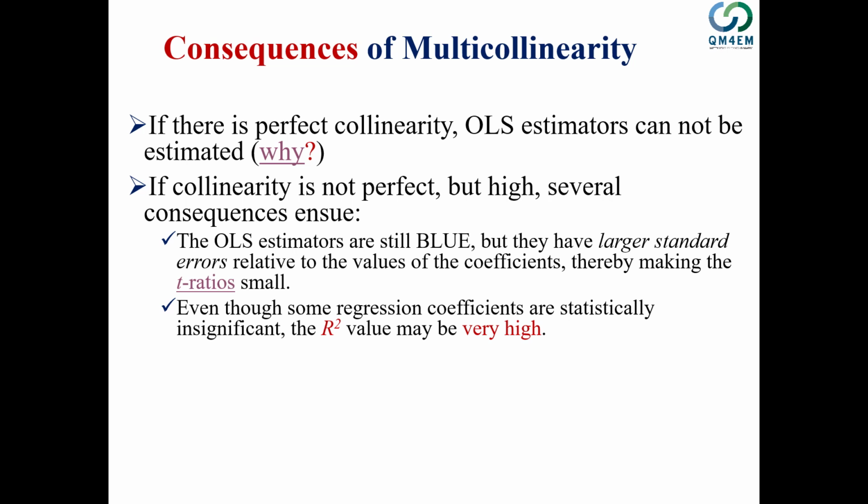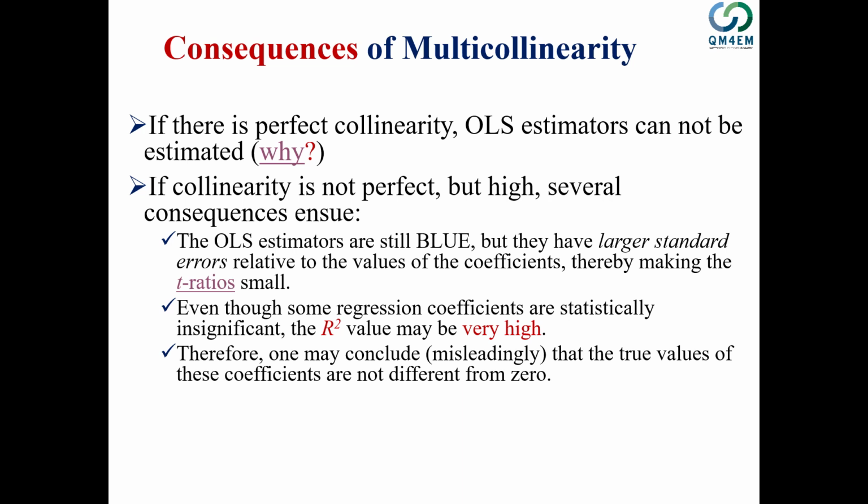The R-square value would be high, but when you look into the individual statistical significance, you will find a lot of variables not statistically significant. In other words, your model fit would be affected by the multicollinearity. Then one may conclude misleadingly that the true values of these coefficients are not different from 0.